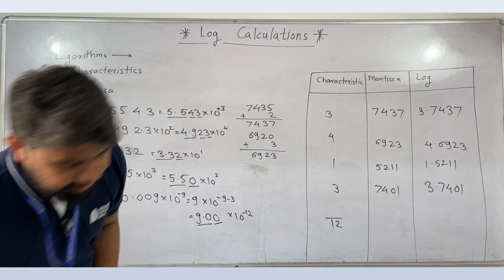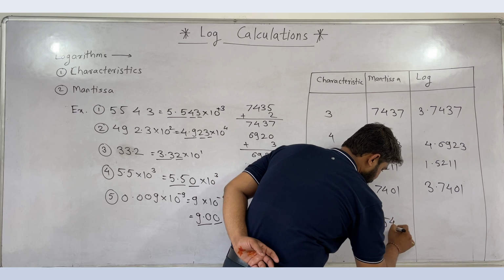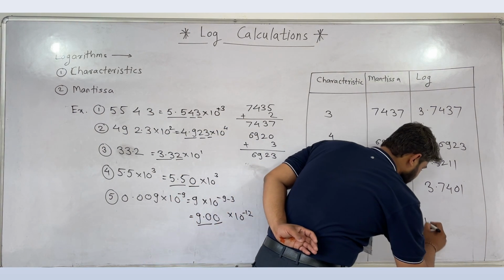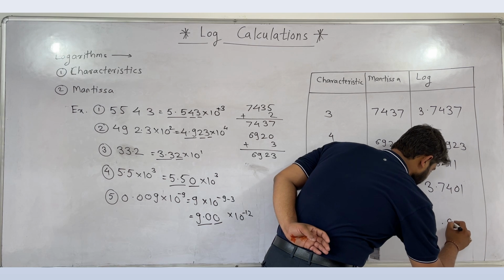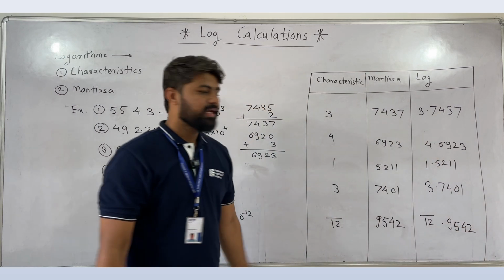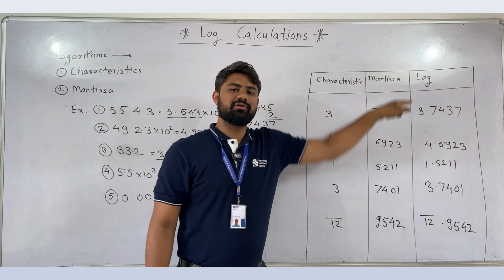There we will find the number 9542, and the final log will be written as 12 bar 0.9542. So in this way we can merge characteristic and mantissa to find the log of it.